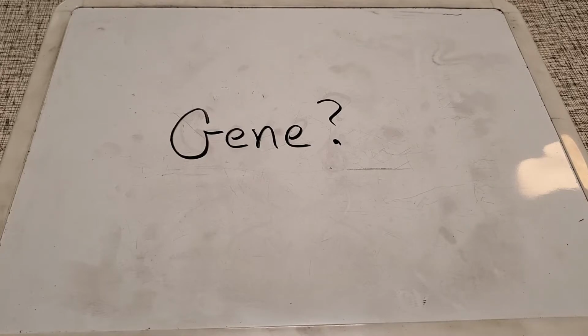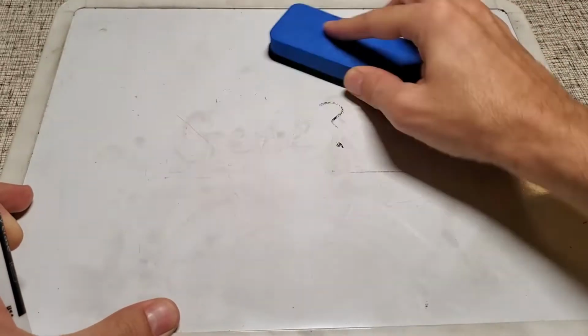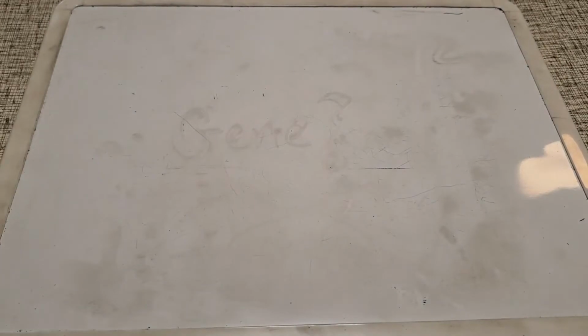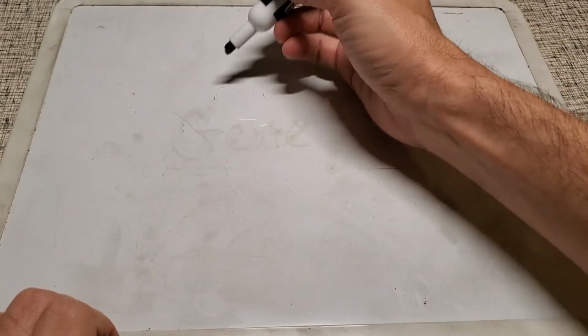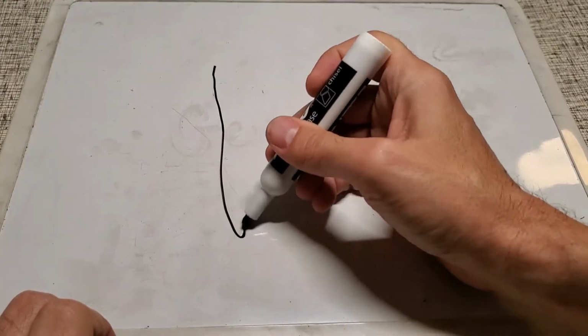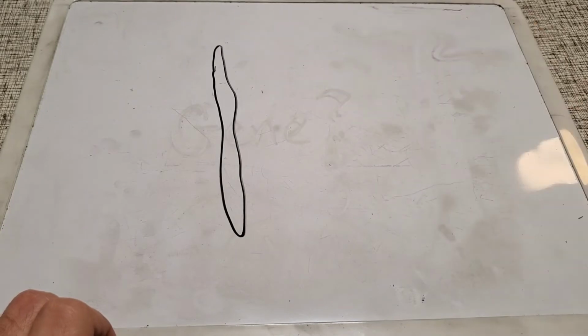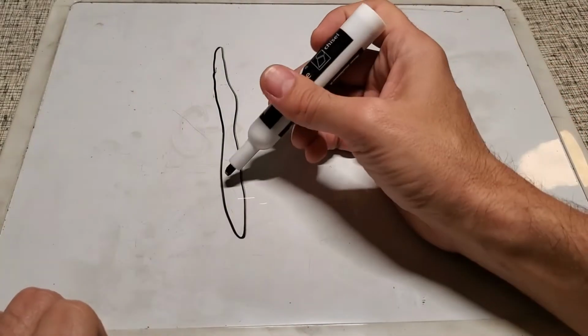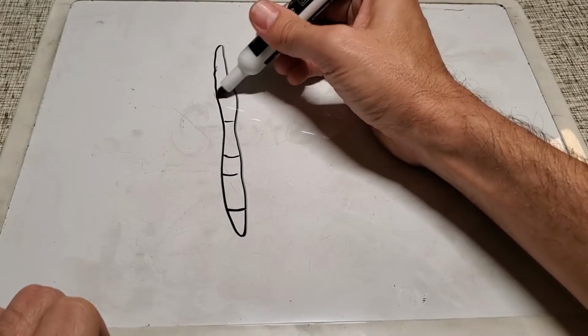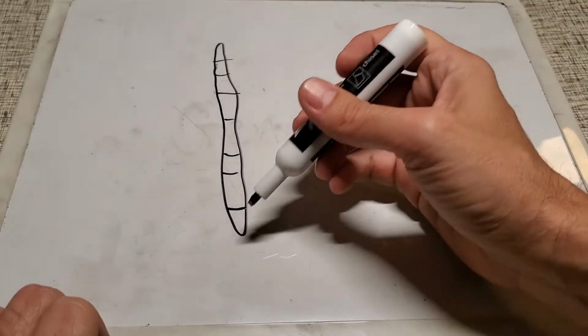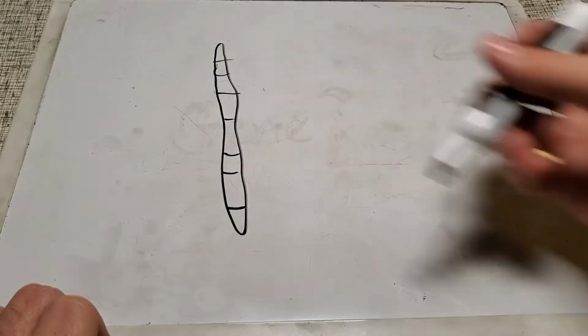A gene is a segment, a region of a chromosome that contains a specific DNA sequence that codes for a specific thing. So if you have your chromosome here, which kind of looks like a little strand, right? And it has these little regions on it. Okay, and each one of these little regions codes for a different thing.